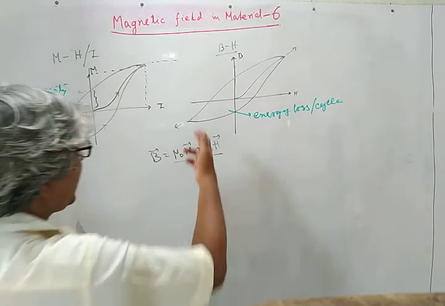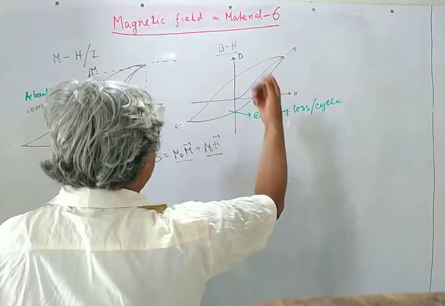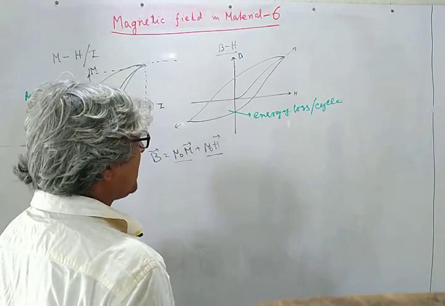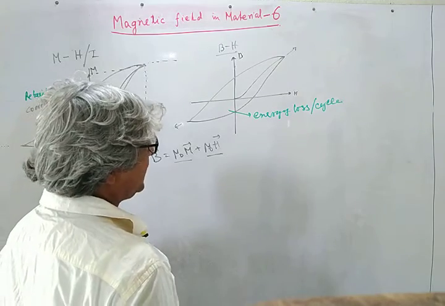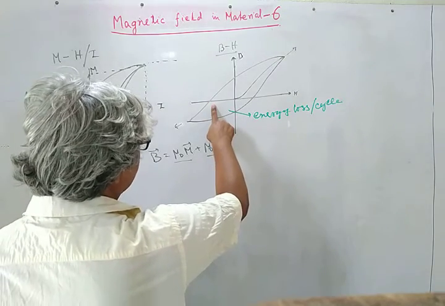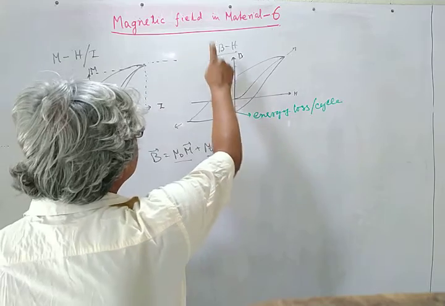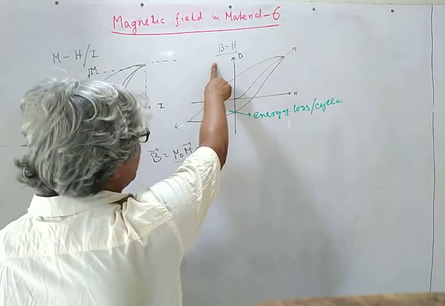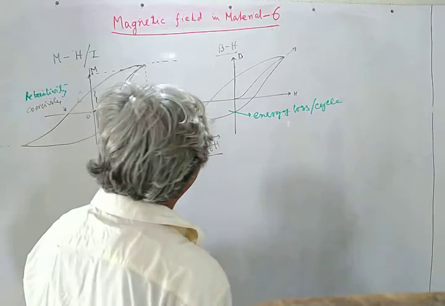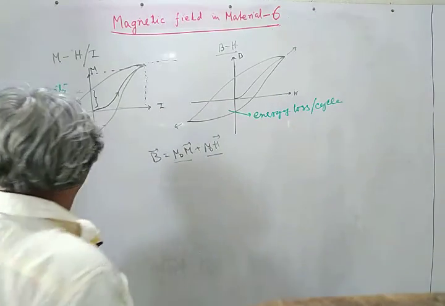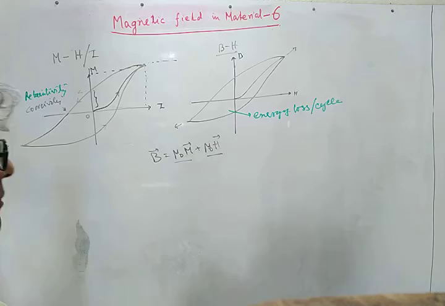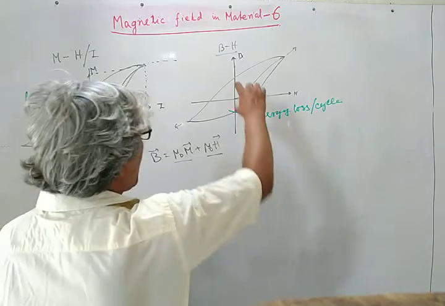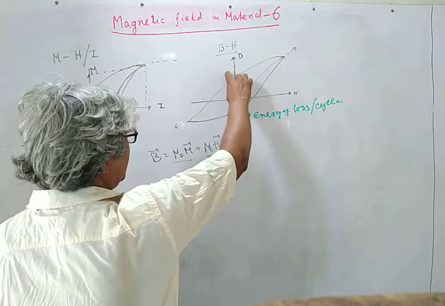So the area under the curve is a measure of energy loss per cycle, and since it is directly related to the loss of energy, this curve is very popular. If we want to have a permanent magnet, then the permanent magnet should have a high value of retentivity.